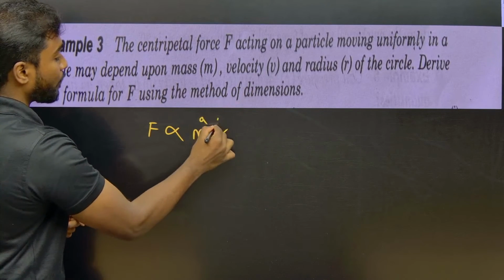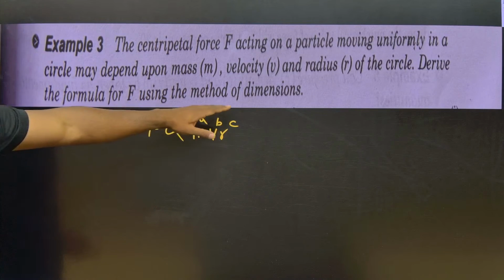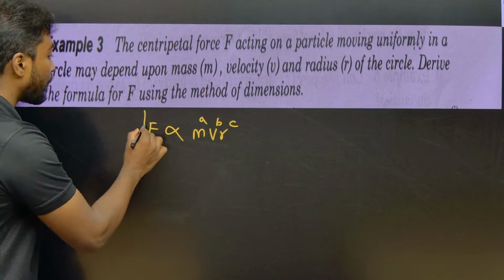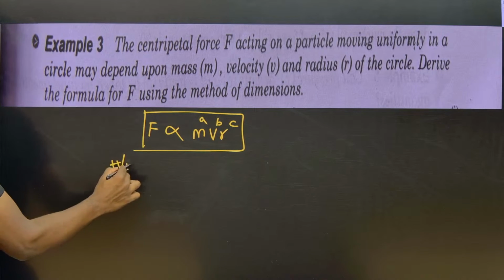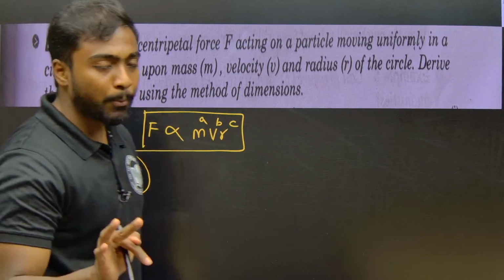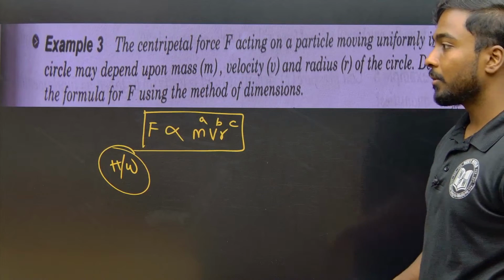So m power A, V power B, R power C. Derive the formula for F using the method of dimensions. So I need to find the formula. This is homework. So totally 3 questions I gave for homework. Please try to complete them and give answers in the comment boxes. We will check them out.